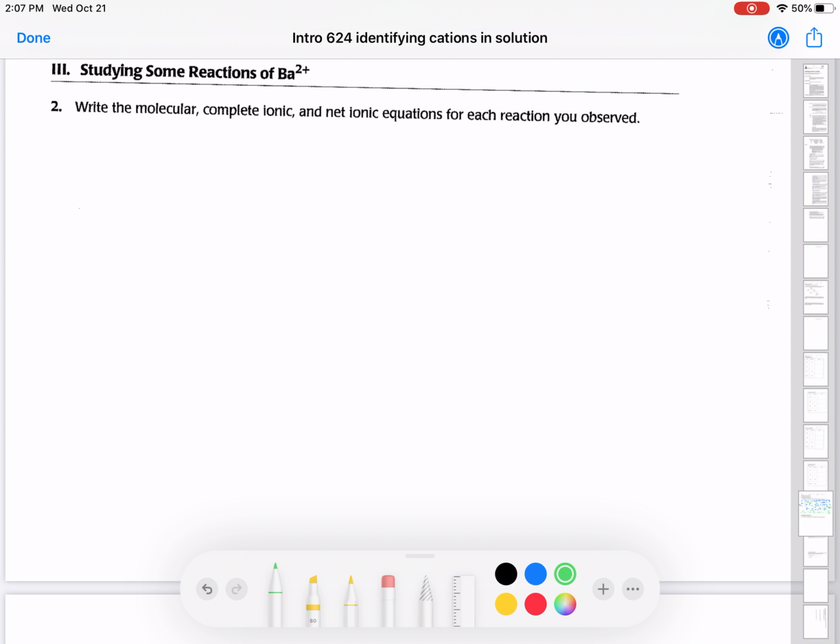Okay, so barium nitrate with sodium sulfate. This is the molecular formula for barium nitrate, aqueous, plus sodium sulfate, Na2SO4, aqueous.